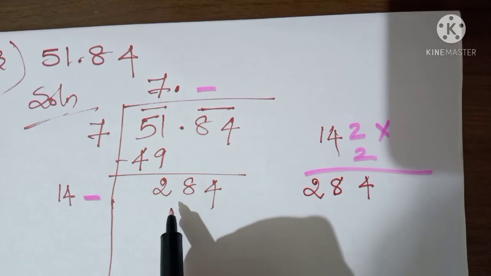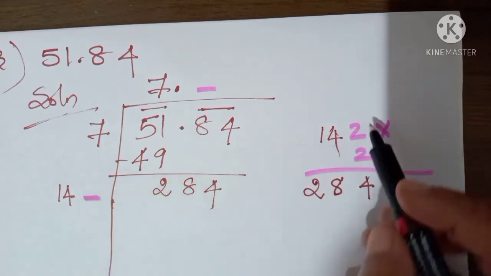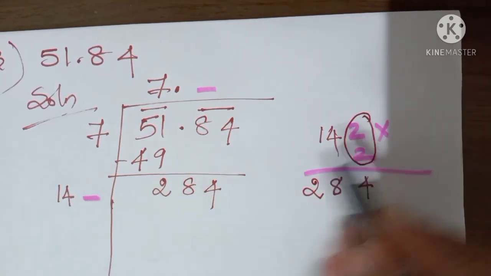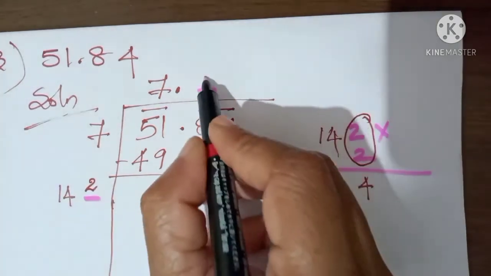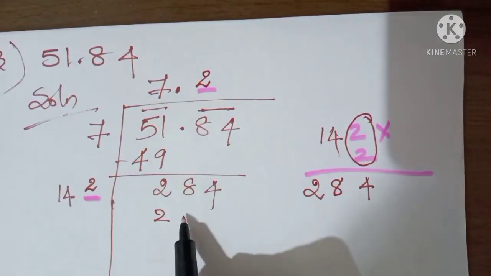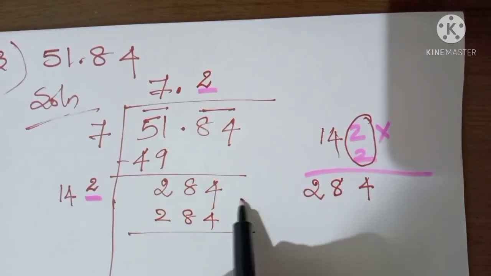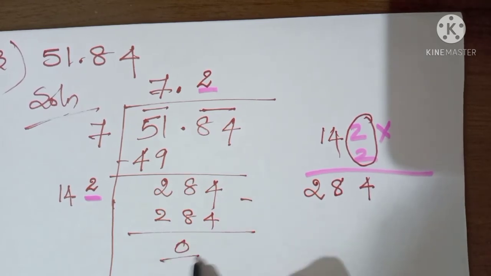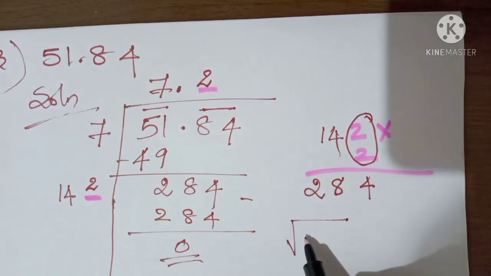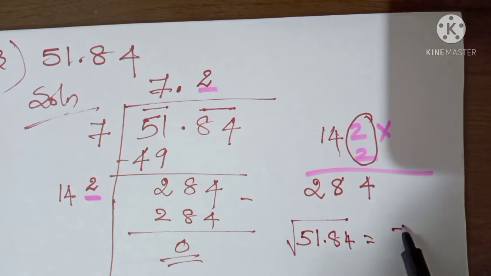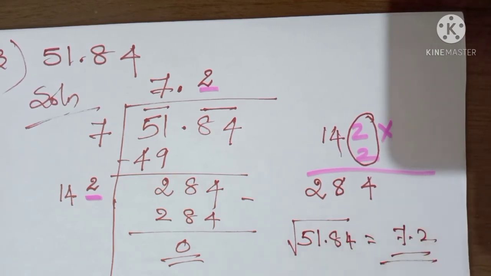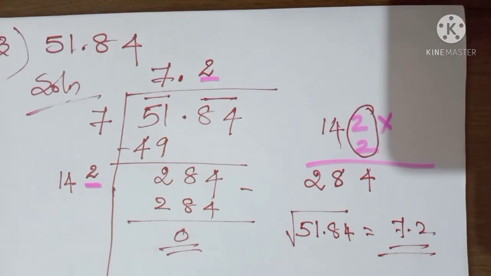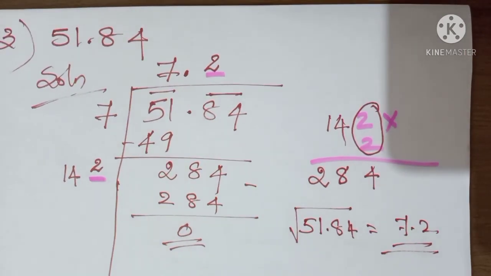So you got the same number. So what will I write here? I will write this. So here also 2, here also 2. So 284. 284 minus 284, 0. So the square root value for 51.84 is equal to 7.2. Is it clear? This is how we do long division for decimal numbers.